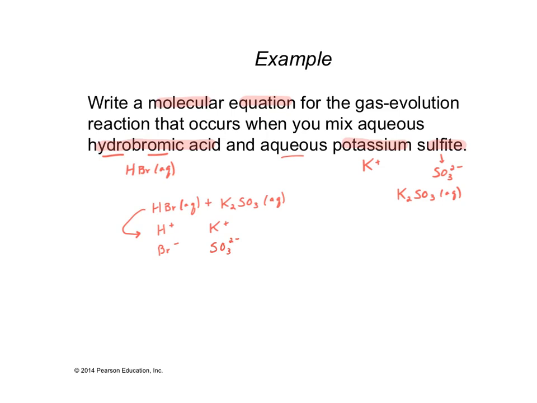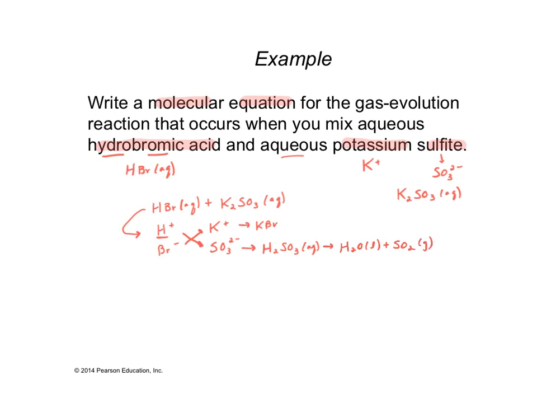All right, so now, same thing. I've broken my guys down. I'm going to exchange partners and form neutral products. For K and Br, that is just KBr. And then for H and SO3, I need 2 H's to balance the 2 minus, so this is H2SO3. But then I notice, oh wait a minute, H2SO3 is one of those unstable intermediates that doesn't actually exist, and instead immediately decomposes into water, which is a liquid, and a gas, because it's a gas evolution reaction, right?